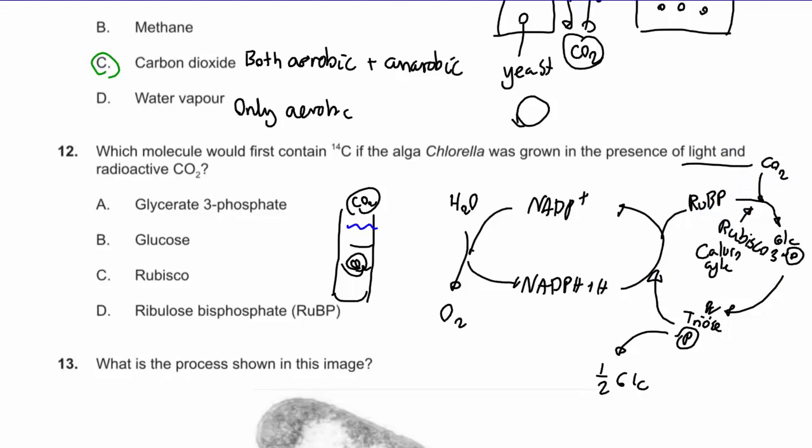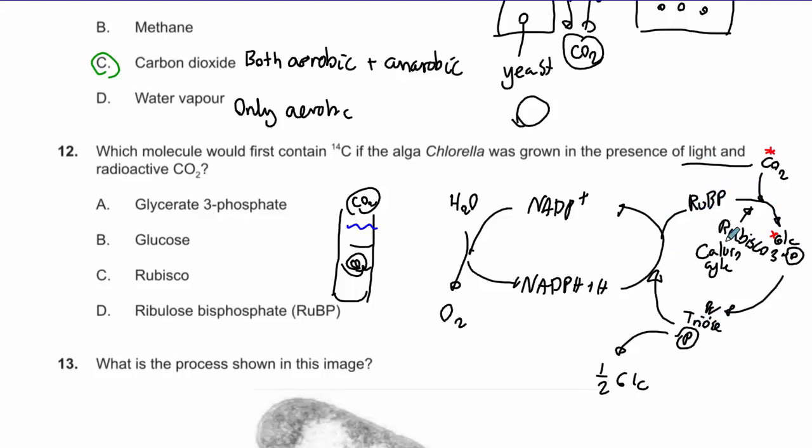So, sorry for the long explanation, but the point is that we see very clearly that if we suddenly change from normal carbon dioxide to radioactive, the first compound it's included in is the glycerate 3-phosphate, and then the triose phosphate, and then Rubisco.